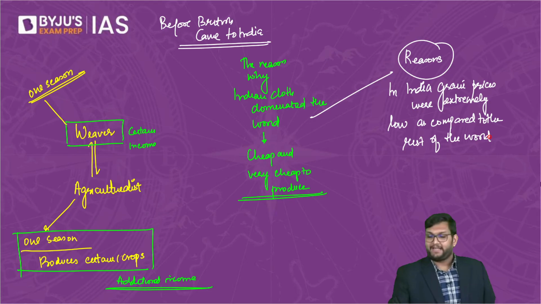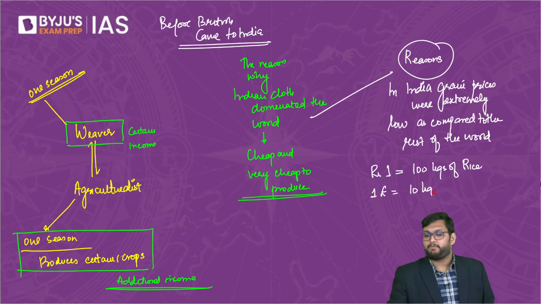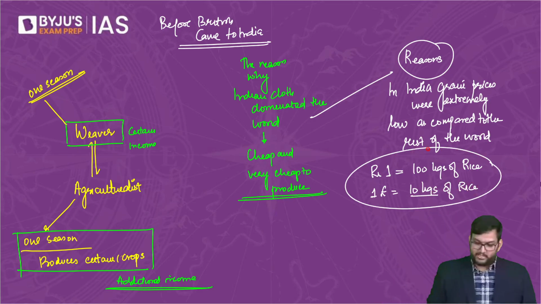So if I had rupees 1 in India, I could buy 100 kgs of rice. But if I had 1 pound, I could only buy 10 kgs of rice. This is called the concept of grain wage.